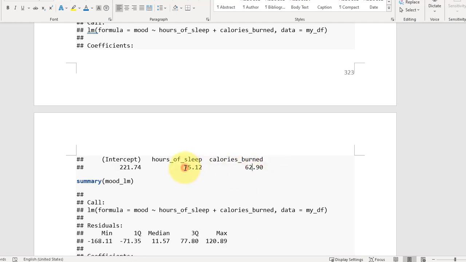That's what the coefficients mean in regression, at least in this case. So hours of sleep has a little bit more effect in terms of people's mood than calories burned, but that really depends on the units that are used. So it's hard to say that exactly, actually.